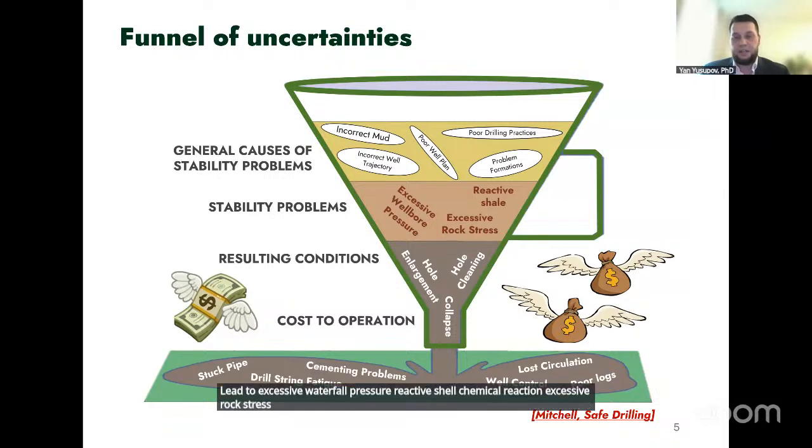In common, this leads to lost circulation, cementing problems, stuck pipes, drill string problems, well control issues, poor logs, and other negative factors that lead to a very big cost of drilling and wasted time.